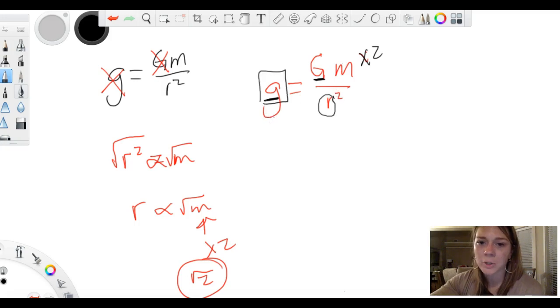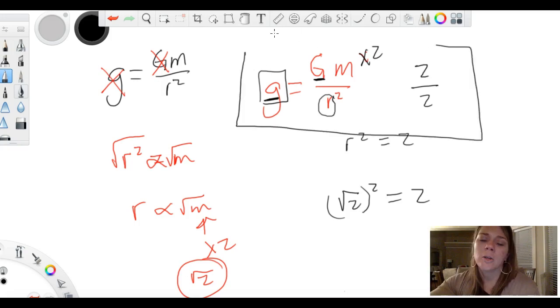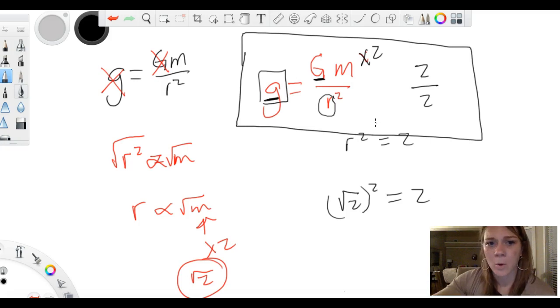I want this ratio to remain g. Well, I need 2 on top and I need 2 on bottom. R squared has to equal 2. Well, what's the only way that r squared is going to equal 2? If r is the square root of 2, and then when I square it, it's going to be equal to 2.